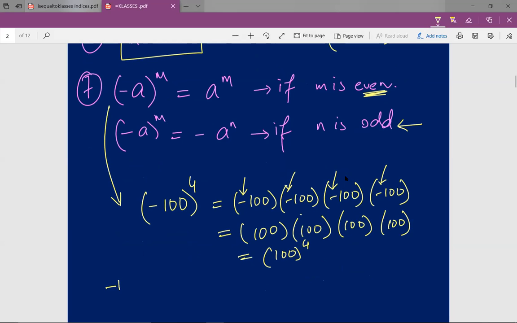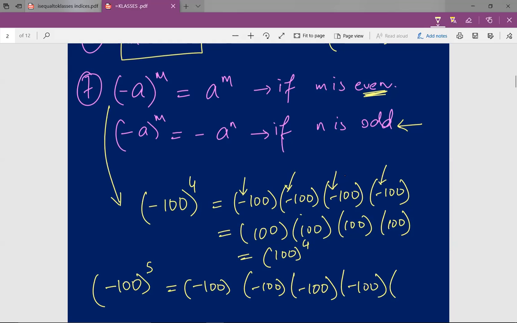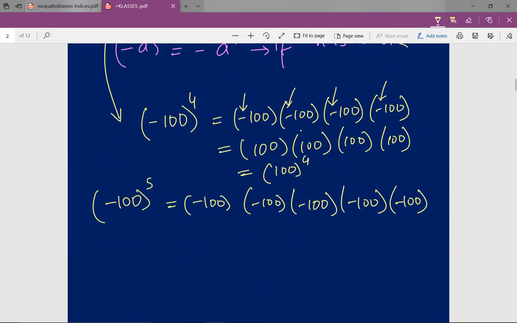Let us take the second case and you'll understand this in depth. So minus 100 raised to power n, where n is odd. Let us raise this to the power 5. So again, if we try to multiply, you'll see that I have minus 100 being multiplied an odd number of times. These two negatives will cancel, they'll become positive.